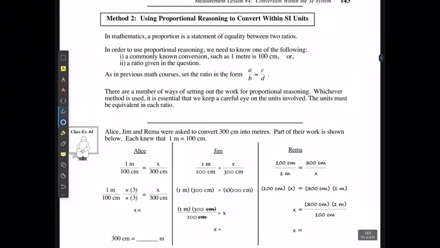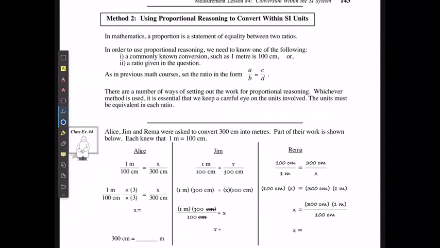We can also use proportional reasoning, which is a common method that we use in later courses. In mathematics, proportional reasoning is a statement of equality between two ratios. This is where you probably would have heard the term cross-multiply in the past.